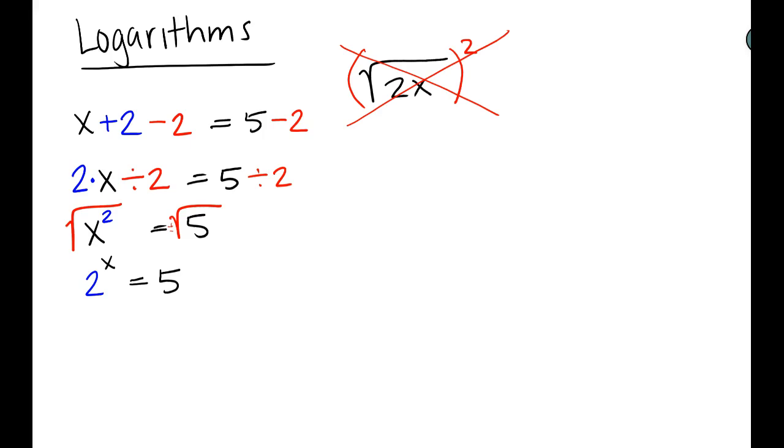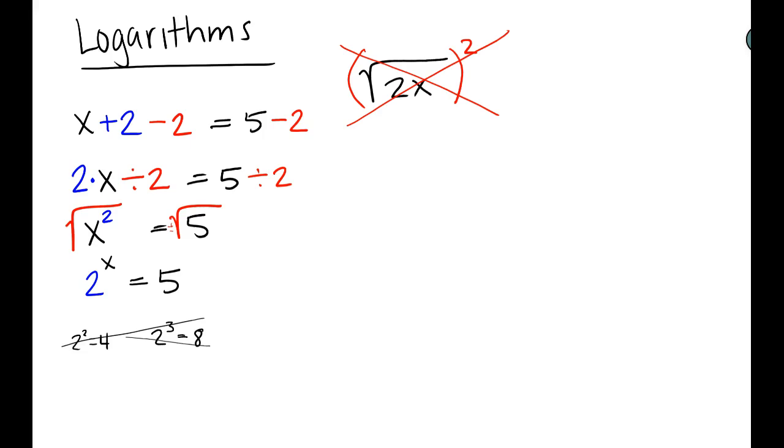We know that 2 squared is equal to 4, and 2 cubed is equal to 8. So whatever this x is, it's probably got to be close to 2, but a little bit more than it. But we need an actual mathematical operation to figure out what that exact value is.